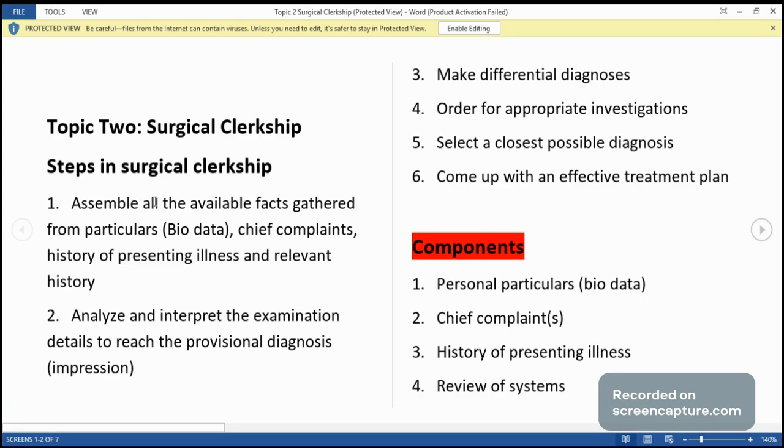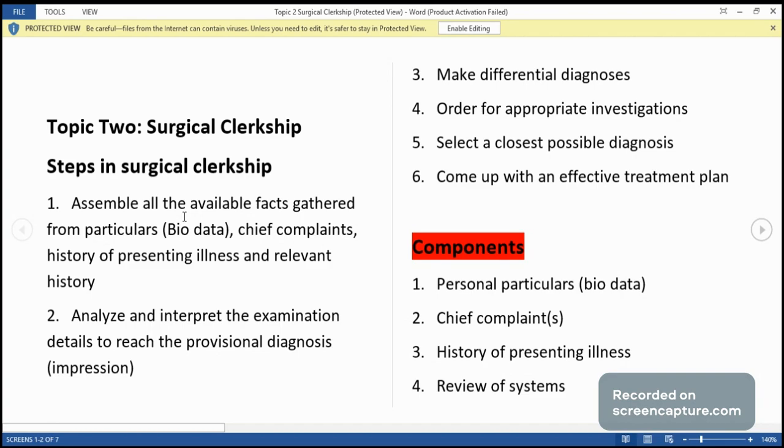And then it can also be gynecological or obstetric clerkship that revolves around female mothers, the ones who have been pregnant and delivered, or even before they got pregnant. So it can be a young girl or any other woman, and that is gynecological history.